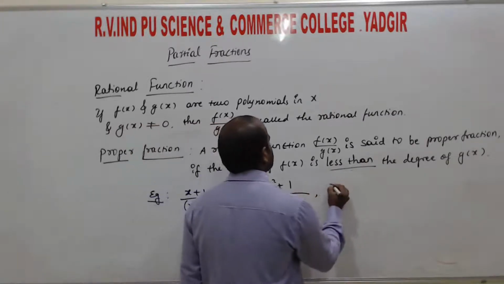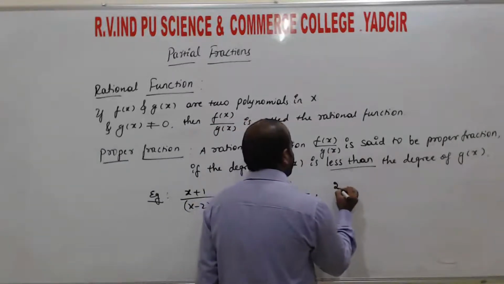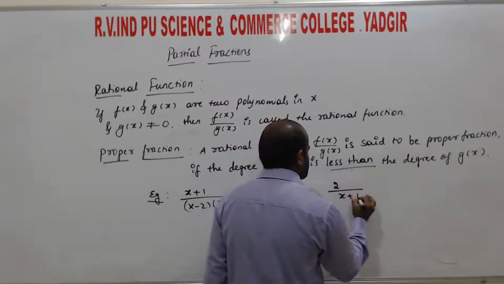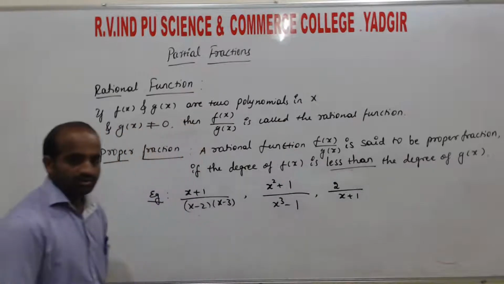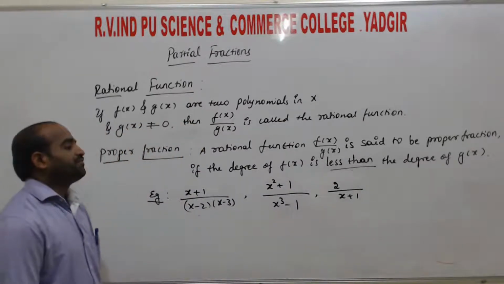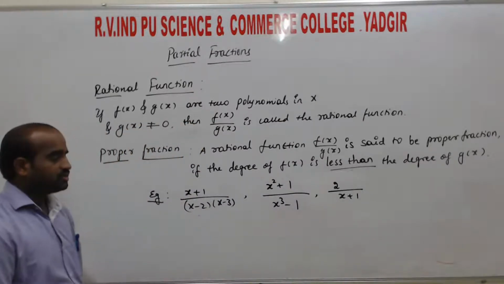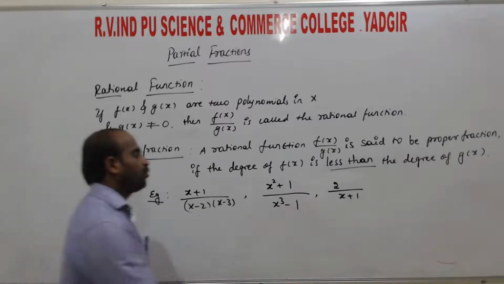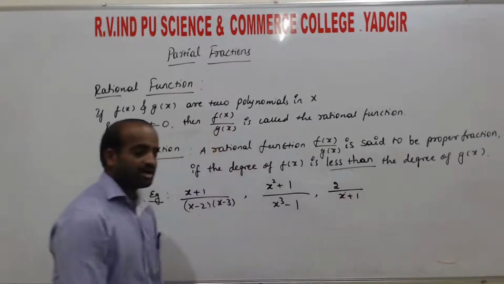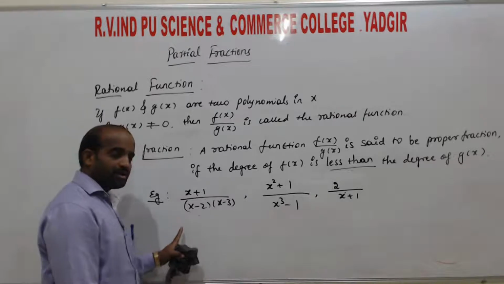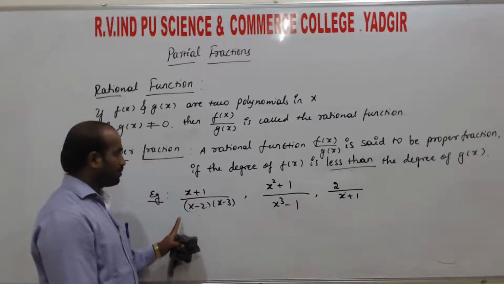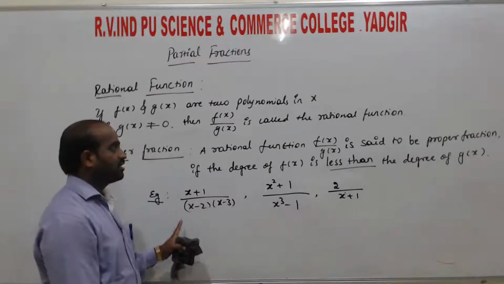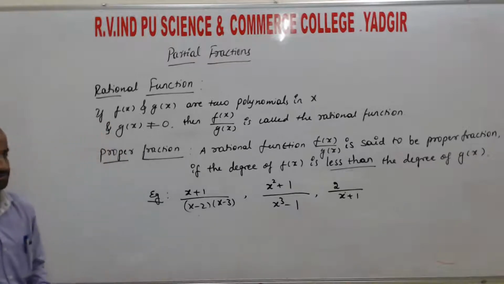Next is 2 divided by x plus 1. The degree of f of x is 0, the degree of g of x is 1. These are proper fractions.